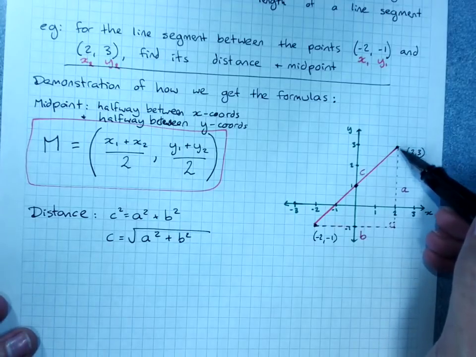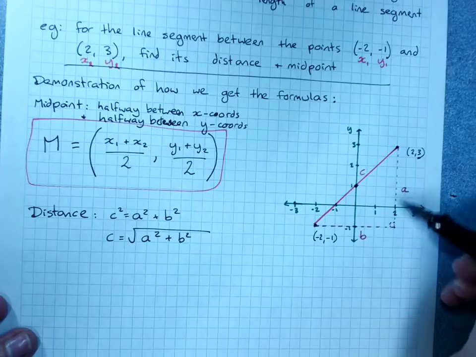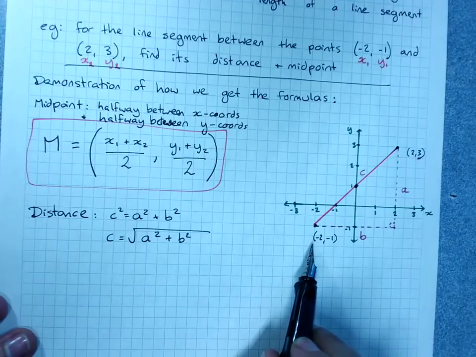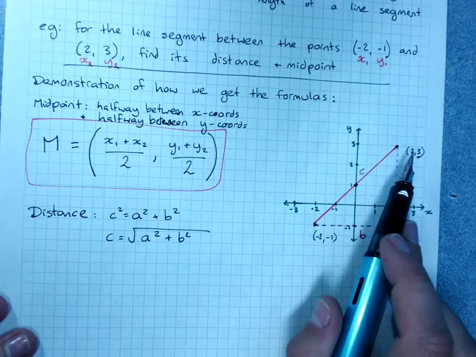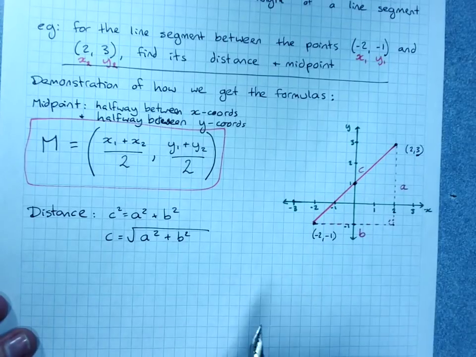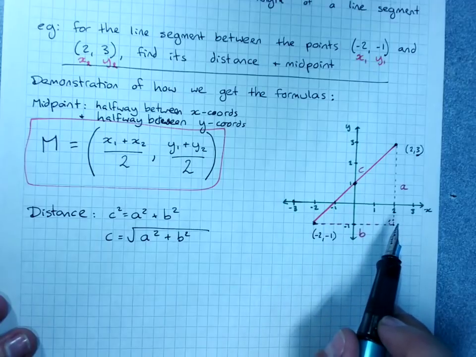So the first y value minus the second y value will get us that change in y. And the change in x, to go from negative 2 to 2, I will get the change there.